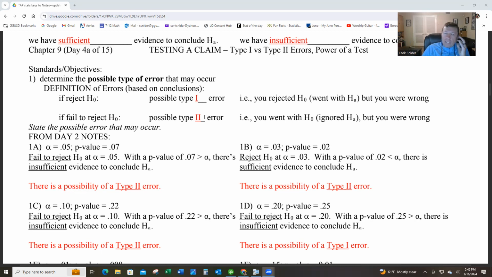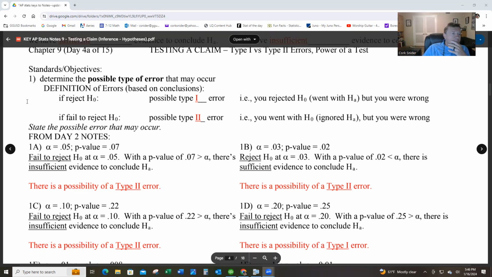Let's look at it right here. If you have H0 and HA, let's do something really simple. H0, we will say, is that you are innocent. Let's take a court case, which everyone understands from the beginning.